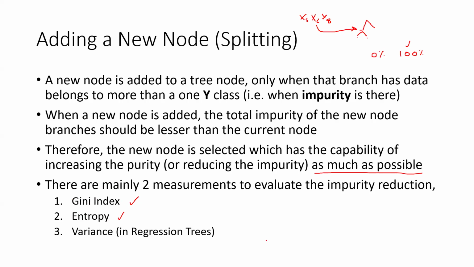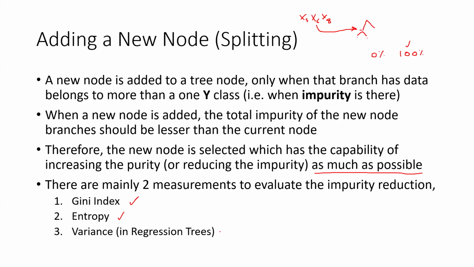And variance, so we already know, is used for regression trees. In the CART algorithm, you can use decision trees for both classification and regression, right?